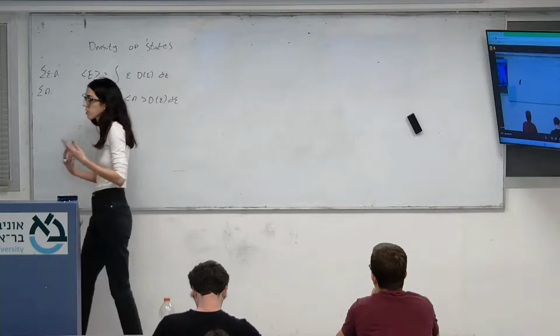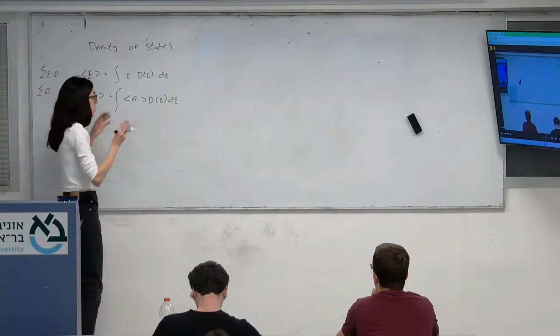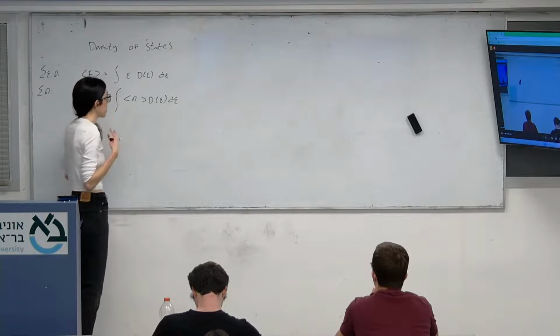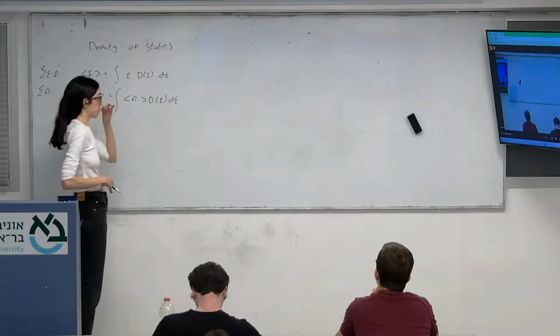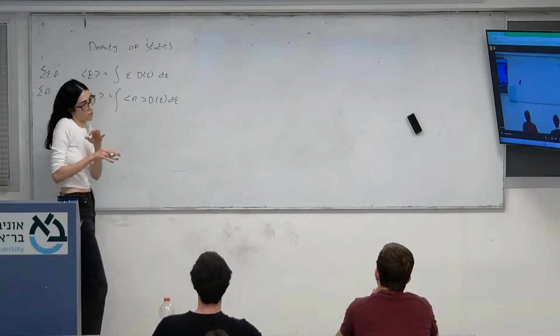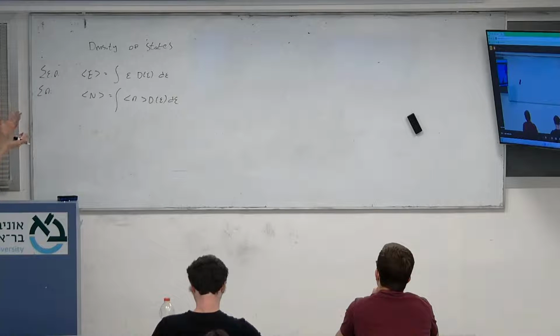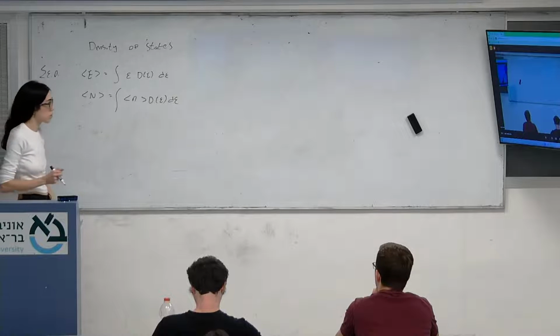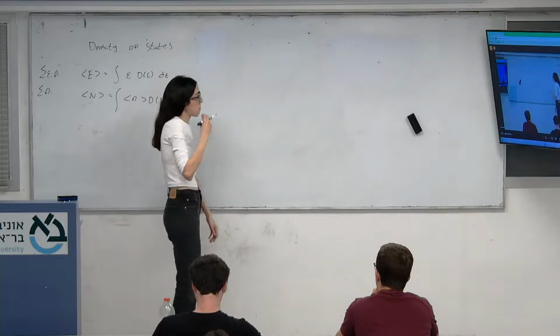You can define it for any general system. We are going to calculate it for a free particle in a box, because we are looking at free particles, which are the gas molecules.